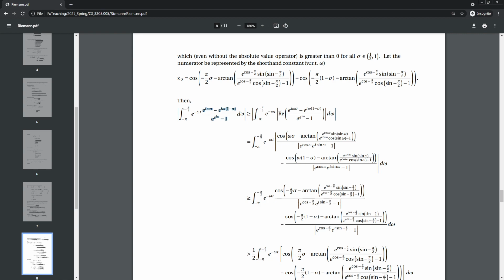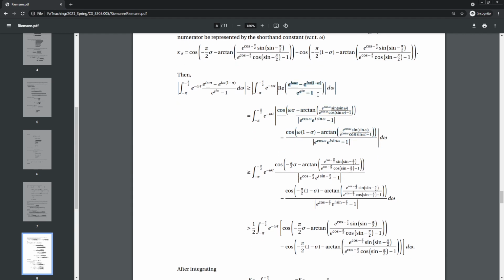We are establishing a lower bound by considering just the absolute value of the real part of this over omega's domain of definition. Once we expand it out, it becomes this. All of these get expanded out, we move the argument up here, we make that arctangent equivalence, whatever.